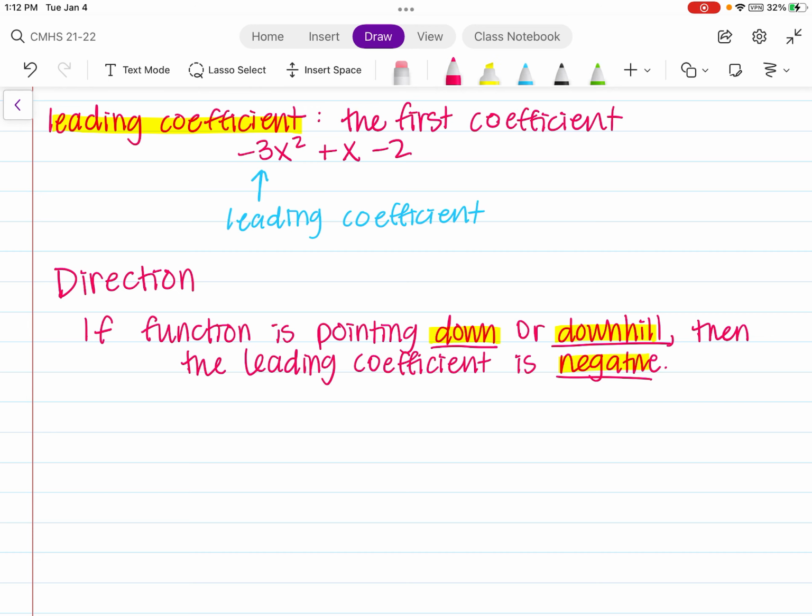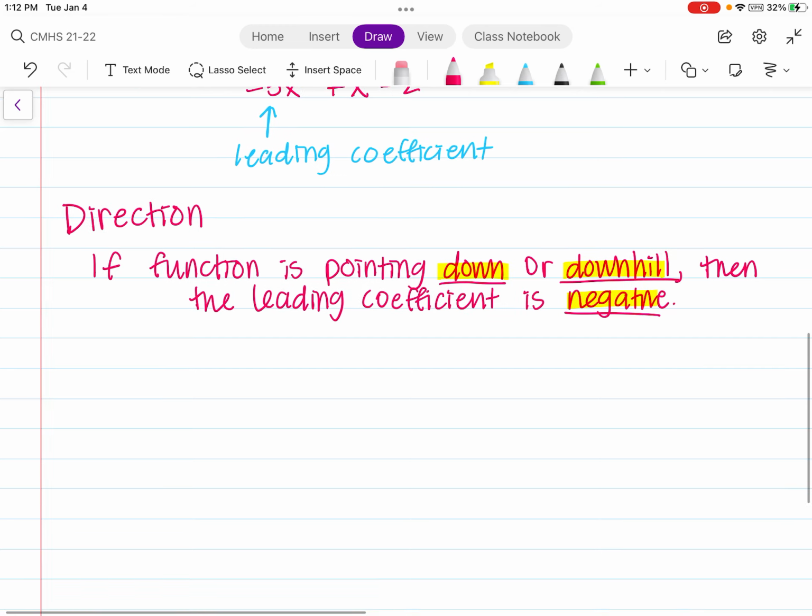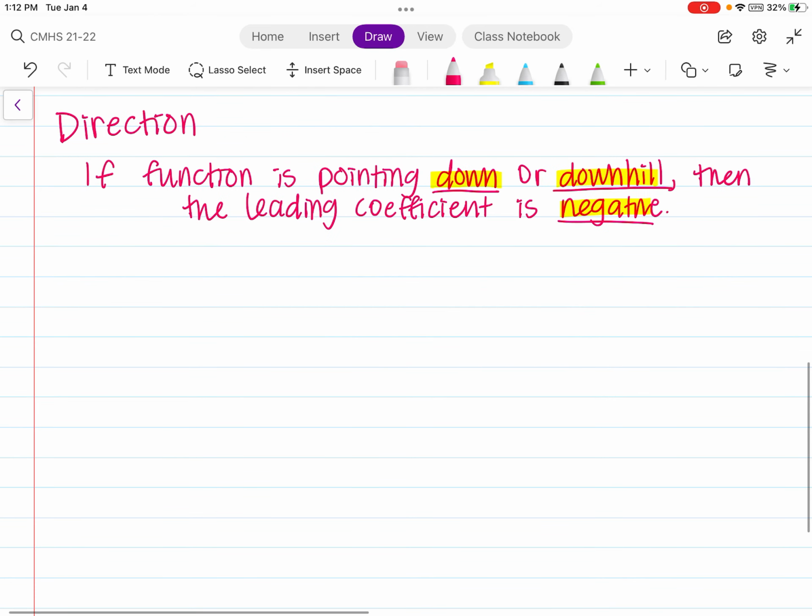We already know this because we looked at that with the A in front of a quadratic function, whether it's a smiley face or frowny face, remember? If it's negative in front, it's going to be a frowny face. But this applies to all functions, not just parabolas.